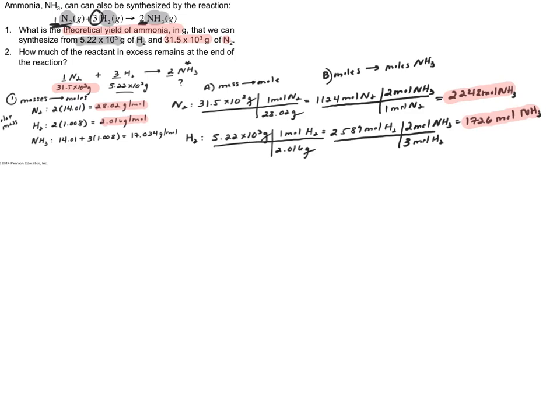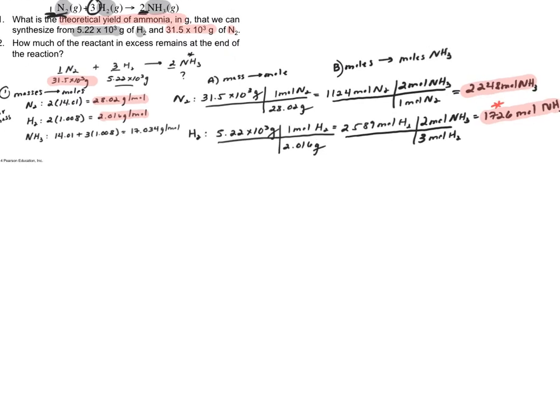And between these 2 numbers, the 1726 is the least amount of product, right? So for this problem, hydrogen is our limiting reagent, and this 1726 is our theoretical yield in moles. This theoretical yield of ammonia in moles, right?